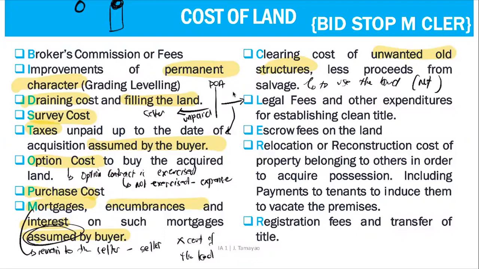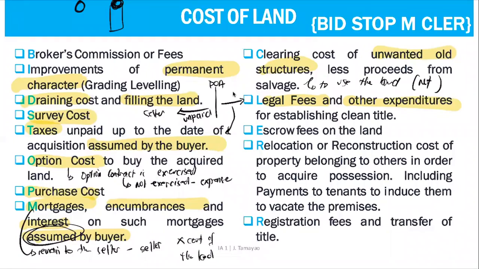Next, we have your legal fees and other expenditures for establishing clean title. Normally, these legal fees and other expenditures are incurred after purchase of the land, and you need to establish your ownership over the land. So normally pag binili mo yan, tapos let's say there is a cloud on your title, so may adverse claim, parang ganon. So may ibang nag-claim doon sa lupa mo.